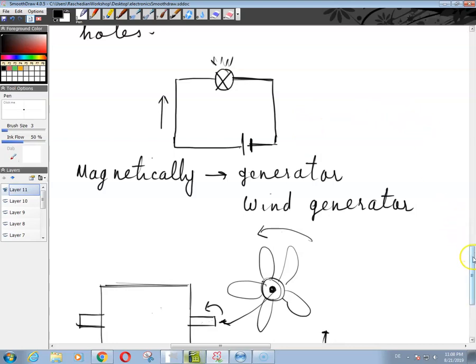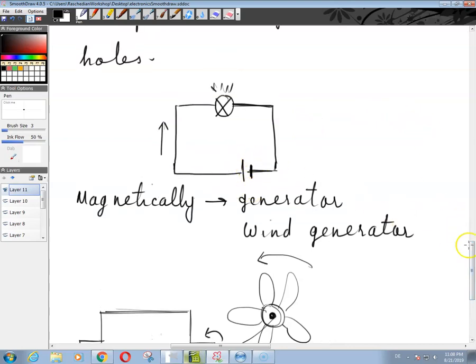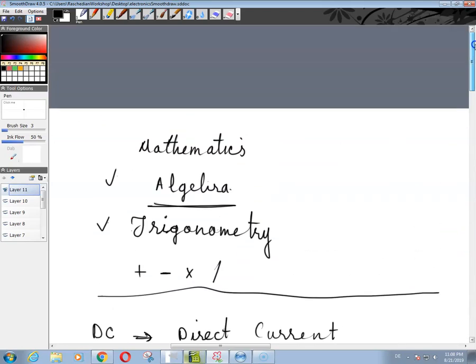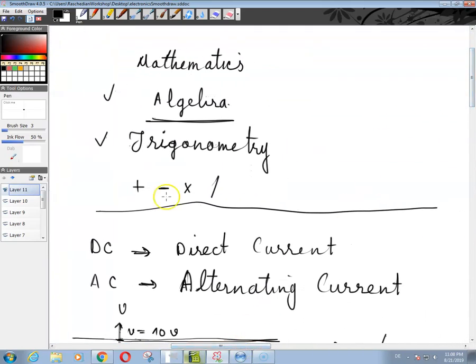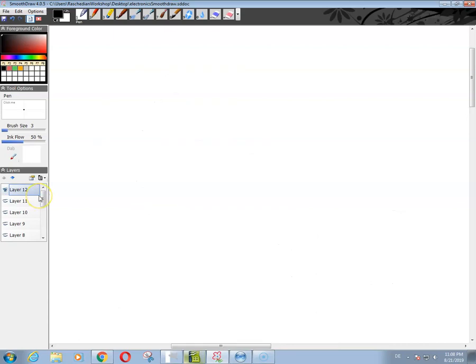Now there is another way to do the same thing, which is using chemical processes, and that would be a battery. So chemically you can do the same thing.